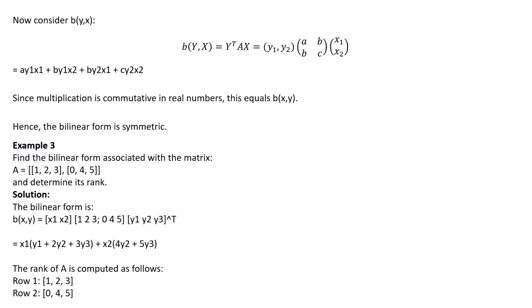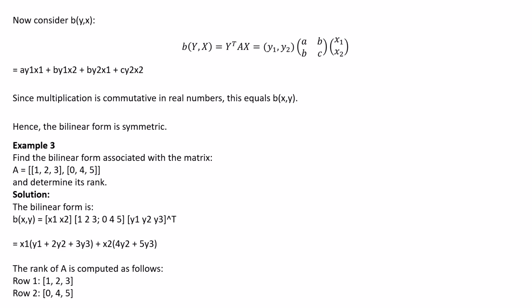From the previous material given to you, there is a question that asks you to reduce the binomial form, given the matrix. So, example 3 now: find the binomial form associated with this matrix.